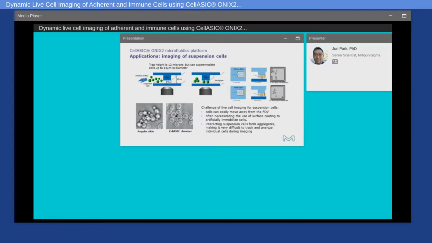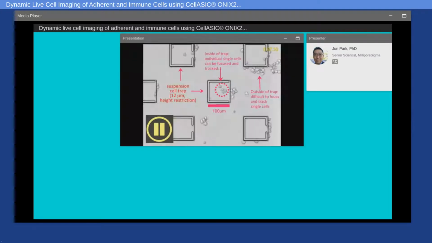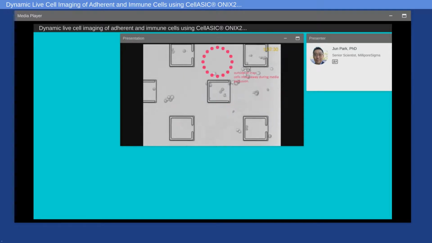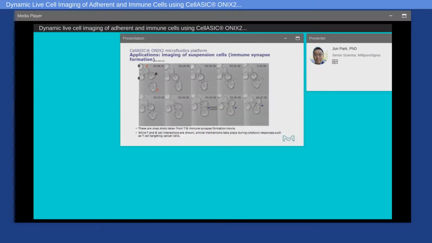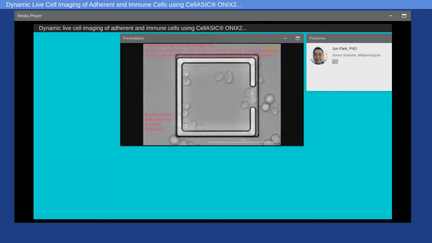However, if we introduce micron-scale sealing, then we can confine these cells under a single focal plane and enable clear visualization of cells during live cell imaging. Now we can use this micron sealing feature to examine in great detail the cell-cell interaction of T cells with that of antigen-presenting B cells. Let's take a closer look.